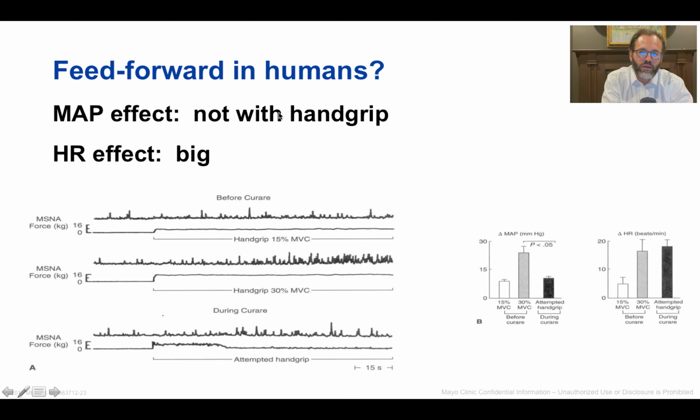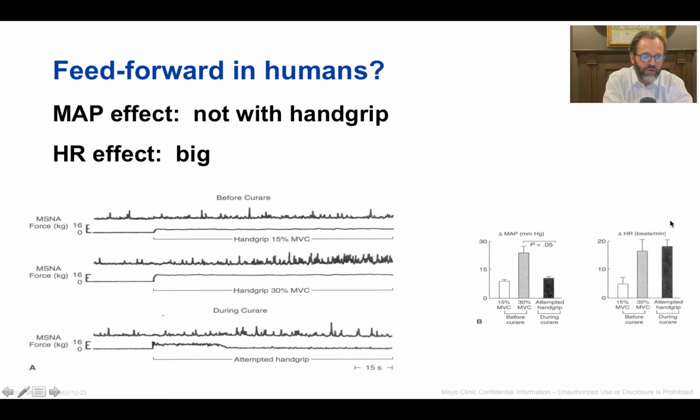However, when we look at the effect on heart rate, and I've got mean arterial pressure here just for reference, you can see that before curare, we get a very robust tachycardic response, an increase of roughly 15 beats per minute.